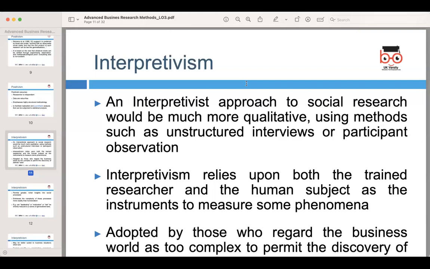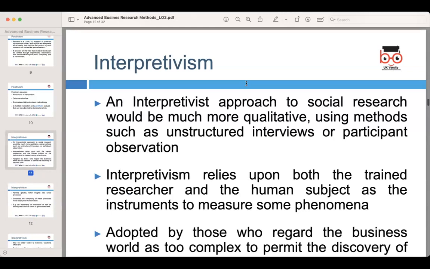On the other hand, participant observation involves immersing oneself in the social setting being studied, observing and engaging with participants to gain a deep understanding of their behaviors, interactions, and interpretations.